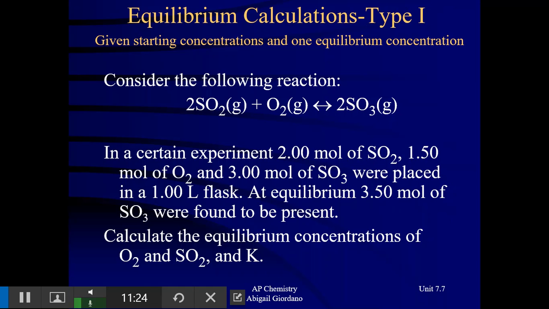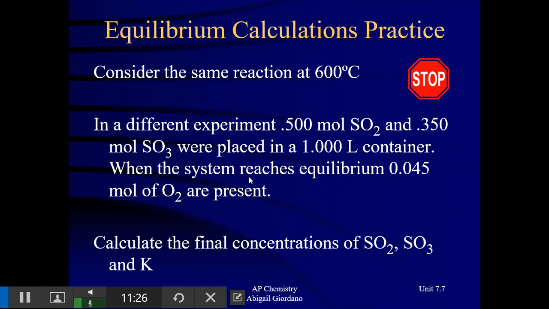Okay, so I want you to try another problem very similar. It's actually the same reaction, the same balanced equation, but different values this time. Okay, and I want you to try this one on your own. Let me just give you one little hint before you pause the video and try it. I want you to look at the first sentence.